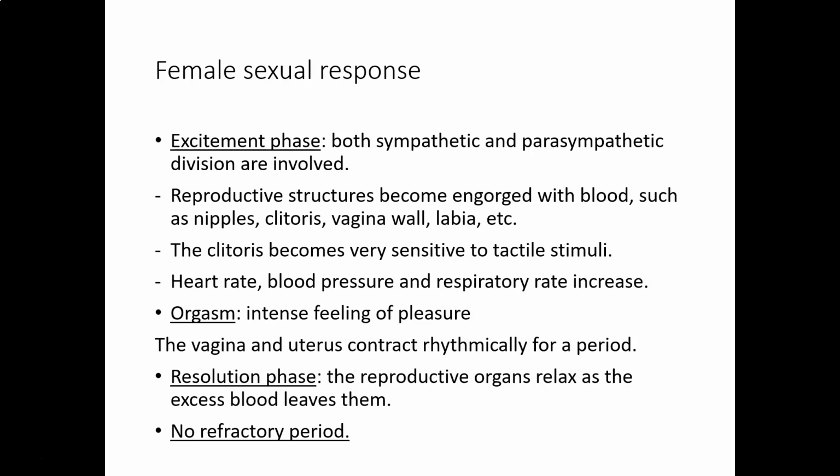Back then we said there's only one exception, and the exception is the reproductive system. And this is where we are now. So you have the sympathetic and parasympathetic divisions working synergistically with each other, and the result is that it's going to feed onto each other.